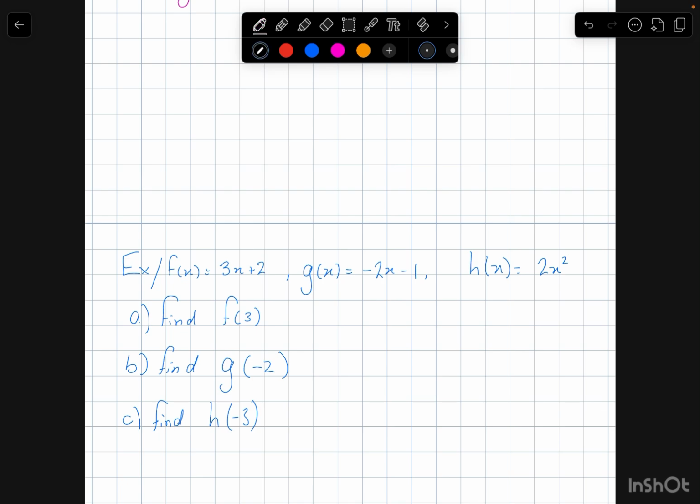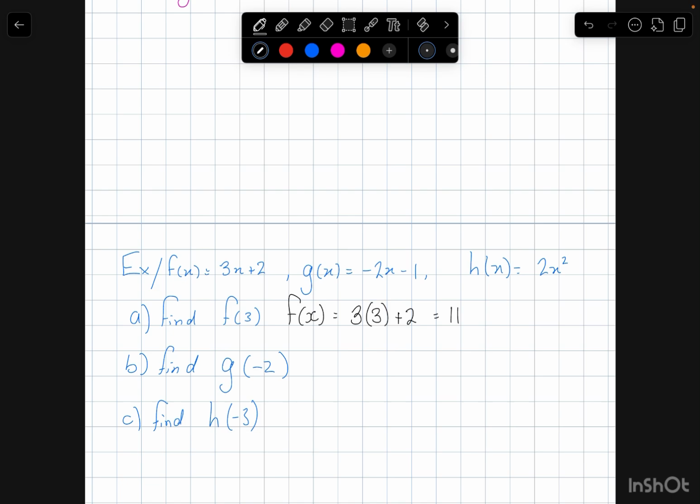So we've got f of 3 equals 3 times 3 plus 2. We can see that the x in my function has become the 3 that's inside the bracket. Now 3 times 3 is 9, plus 2 is 11.